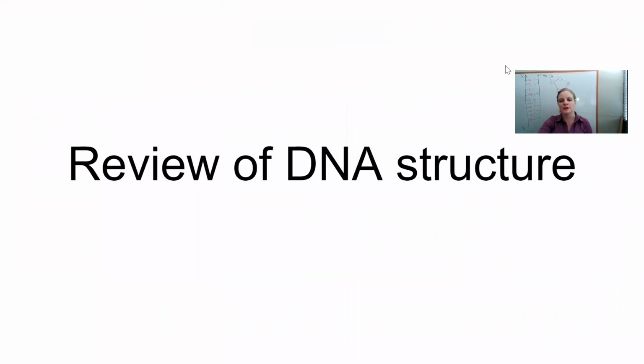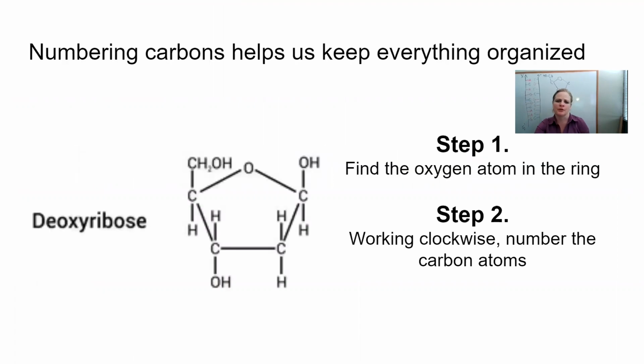So we went over this a few weeks ago when we were talking about biomolecules, back in chapter 3. But let's just remind ourselves of some of the important parts. So remember that we talked about numbering carbons. And I said that's going to become important later on when we talk about DNA replication. Well, here we are talking about DNA replication.